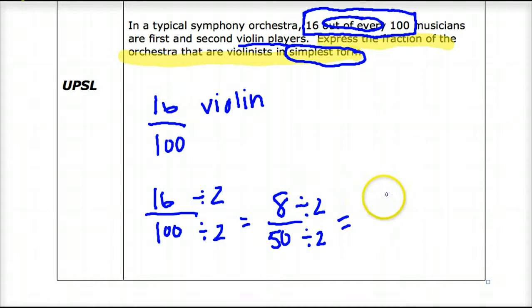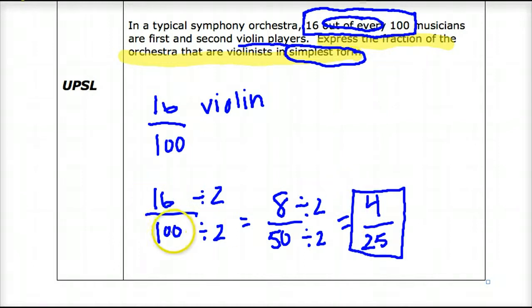So 2 goes into 8 4 times, and 2 will go into 50 25 times. So we're now to the point where no number will divide evenly into 4 and 25, which means that we have reached the simplest form of 16 100ths. So we know that 4 25ths of the orchestra play violin.